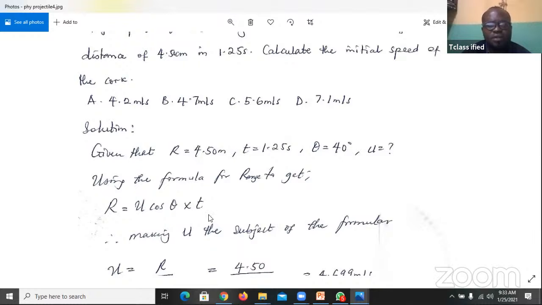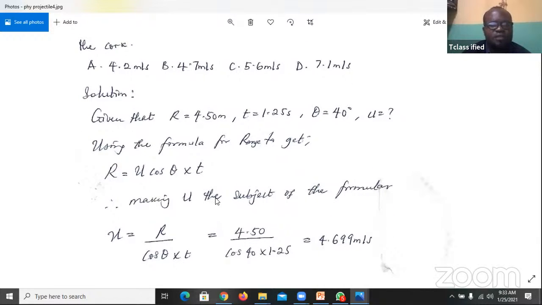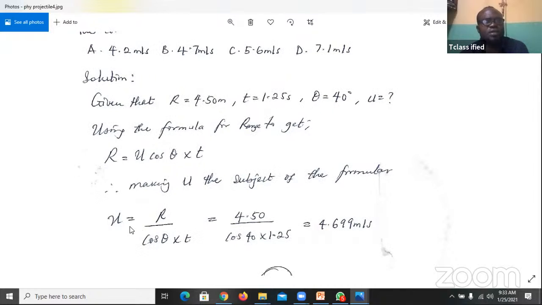So we make u the subject of the formula: u equals R over cos theta times time. So R is 4.5, cos 40 times 1.25, which is the time. That will give us 4.669 meters per second, which is approximately 4.7 meters per second, which is option B.